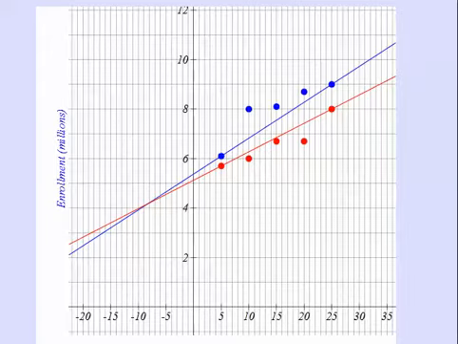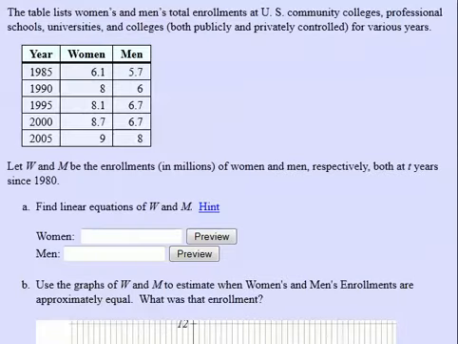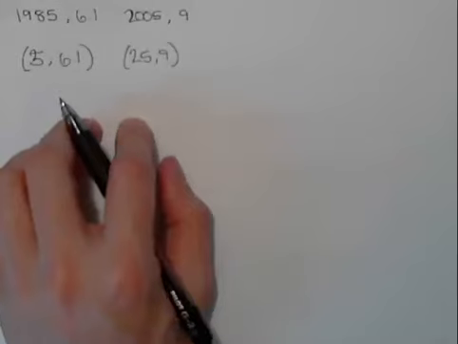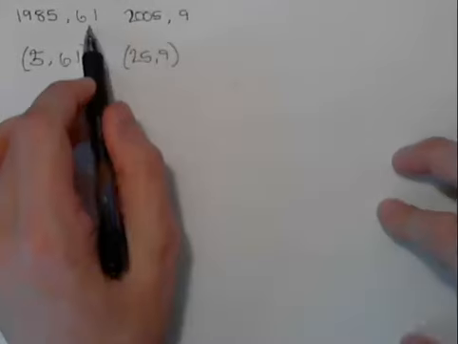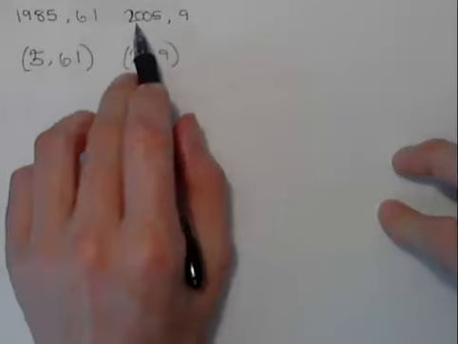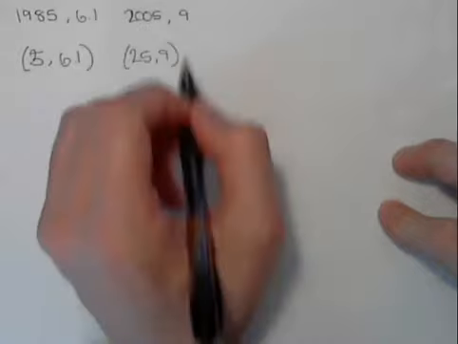So using the first point for women, it would be 1985 is 6.1, and then 2005 is 9. So we see here in 1985 there were 6.1 million women. In 2005 there were 9 million women.